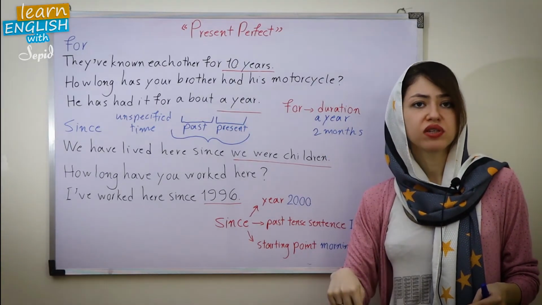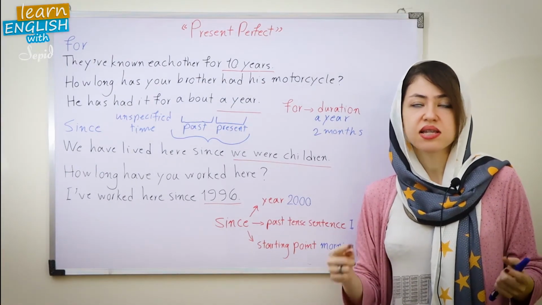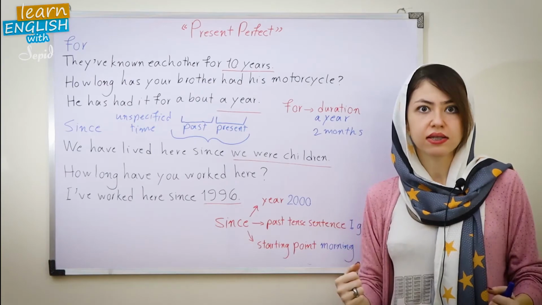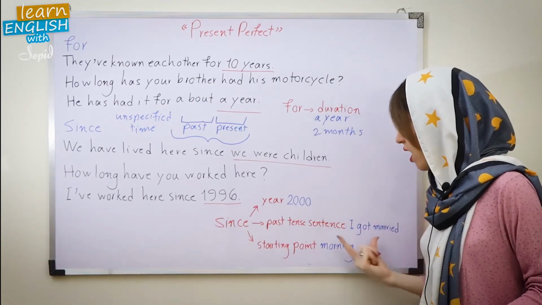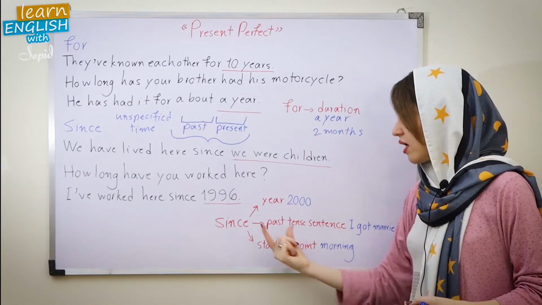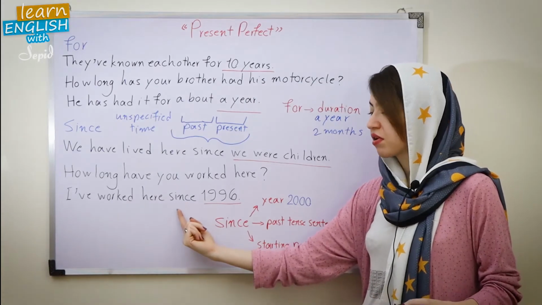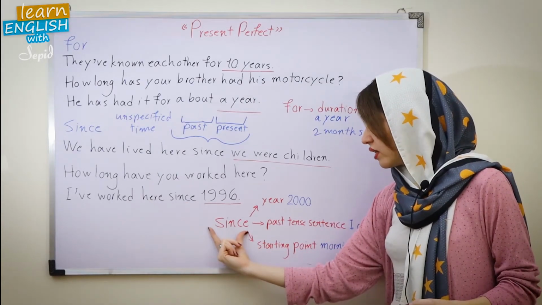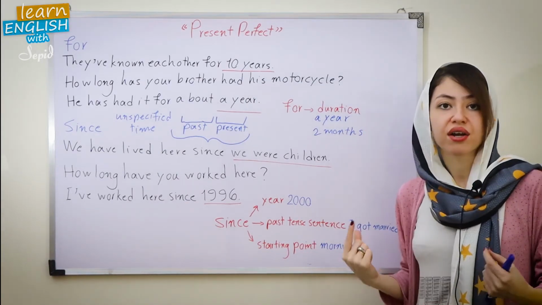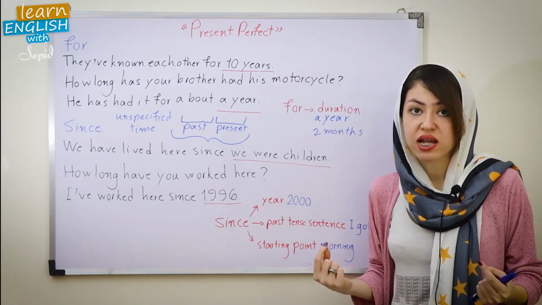Since I moved here. Since I lived here, okay? Since I graduated. So since plus past tense sentence, okay? But here, it doesn't mean that we don't use it along with the present perfect, okay? This is only the time marker, not the full sentence.